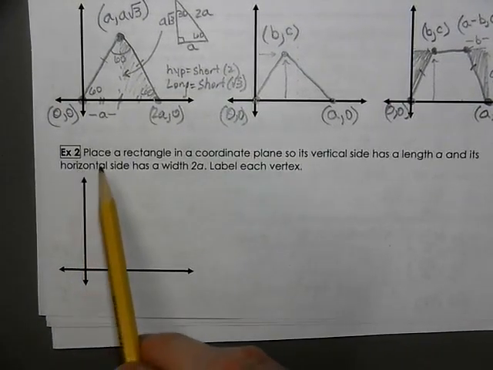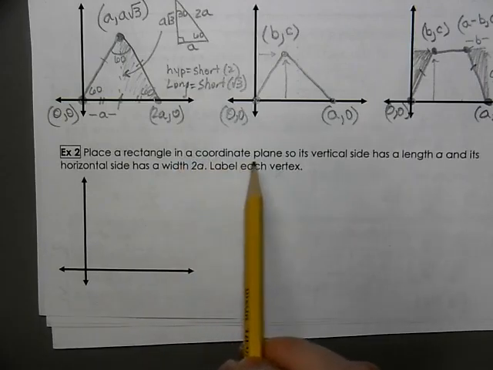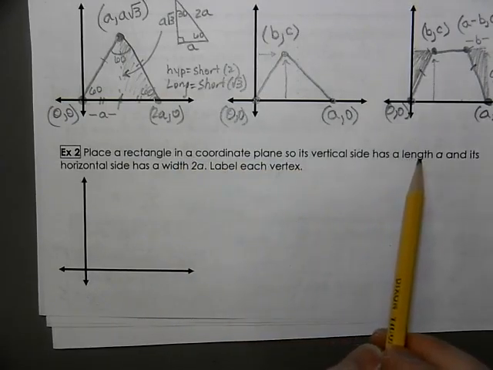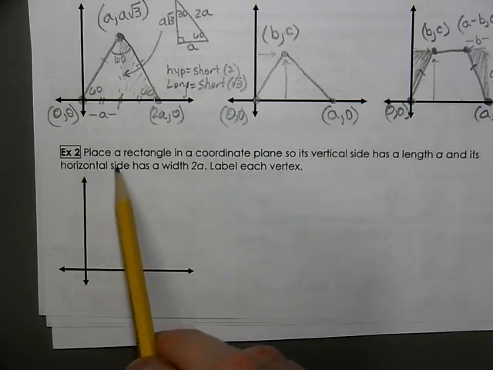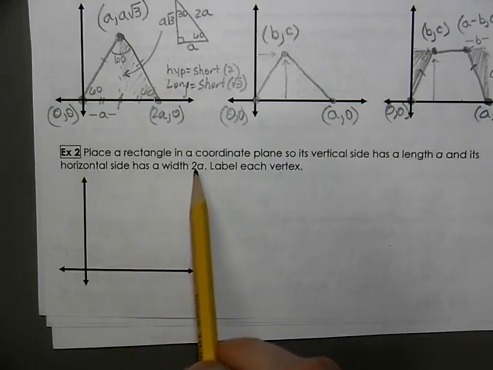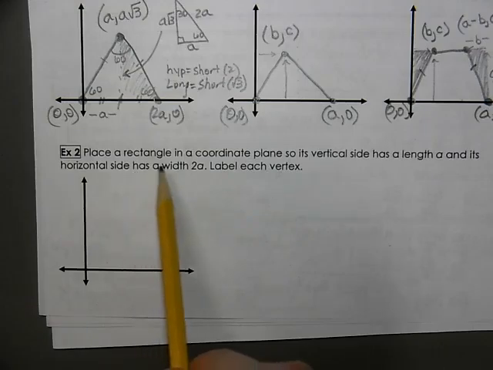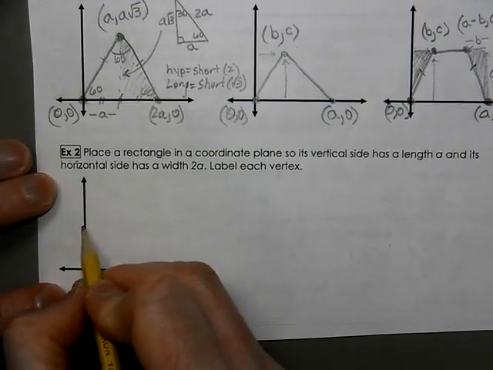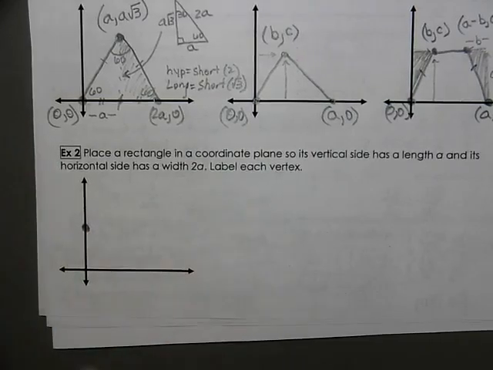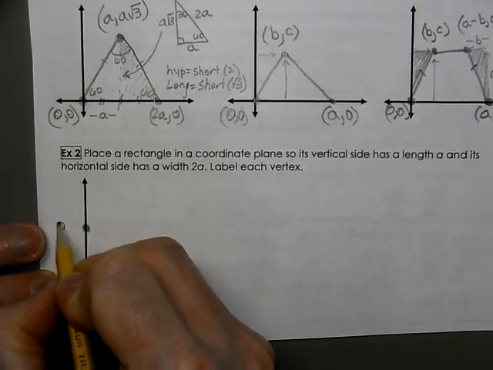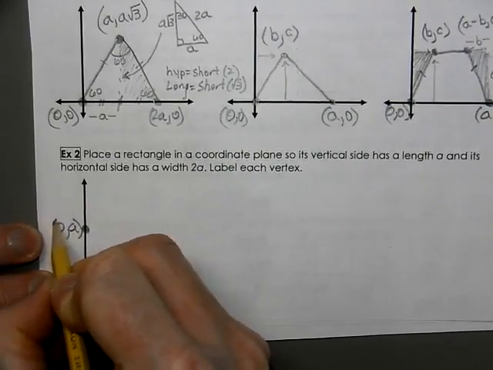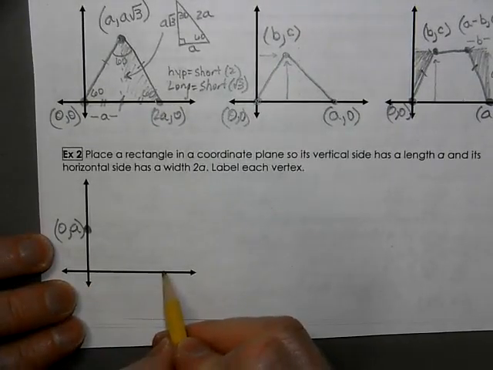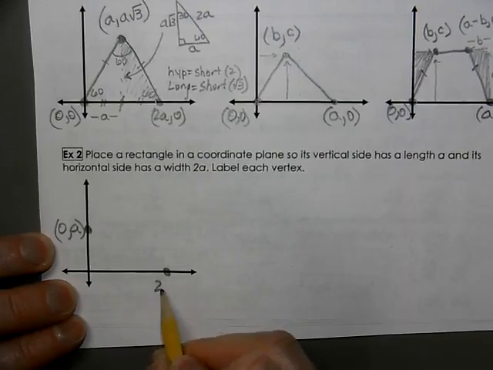This last one, place a rectangle in a coordinate plane so its vertical side has a length A and its horizontal side has a length of 2A. Its vertical has a length of A, so vertical is up and down, and that's going to be 0, comma A. That is the vertical having a length of A. The horizontal having a length of 2A.